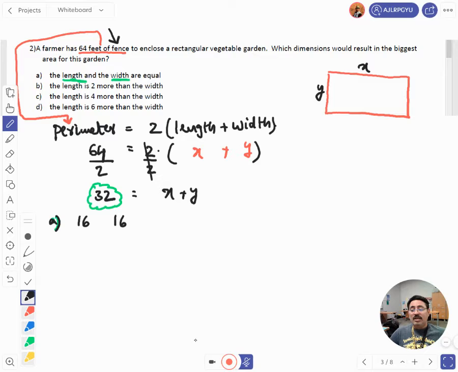Okay. Now, suppose you take the second case. The length is 2 meters more than the width. Any guesswork?